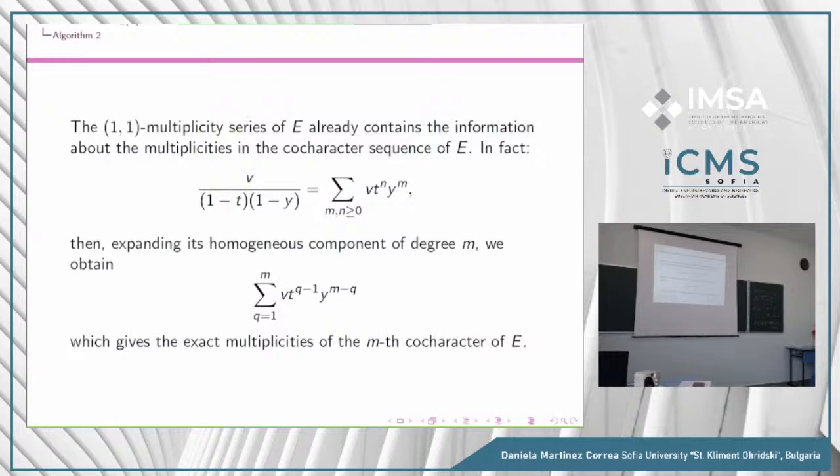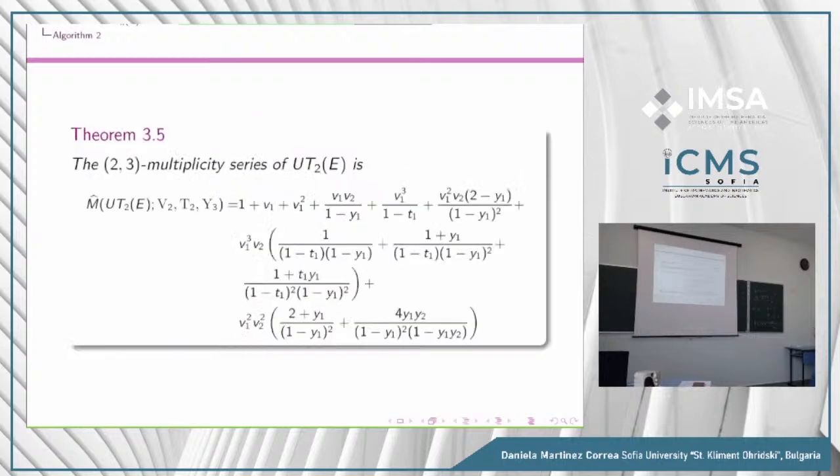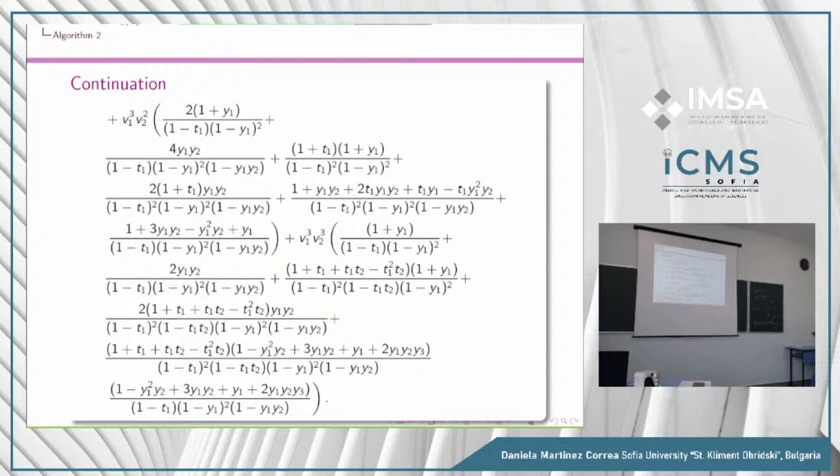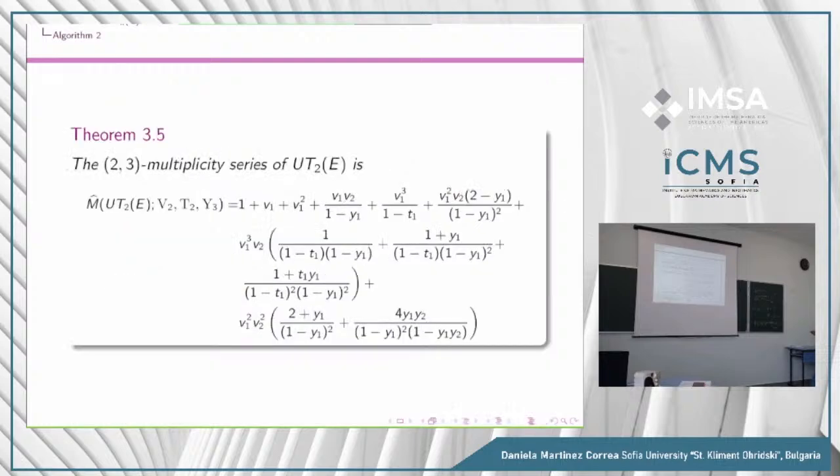After that, we work with the 2-3 multiplicity series for this algebra, that is the case when n is equal to 2. This multiplicity series is given by this expression plus this expression.